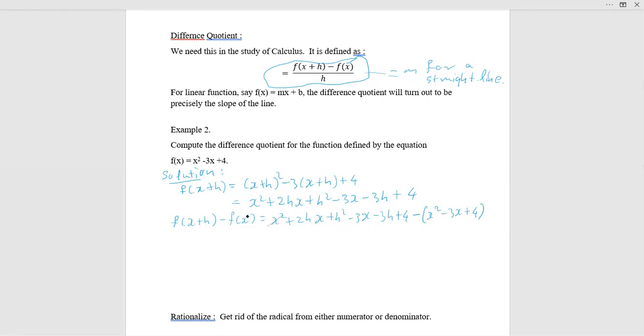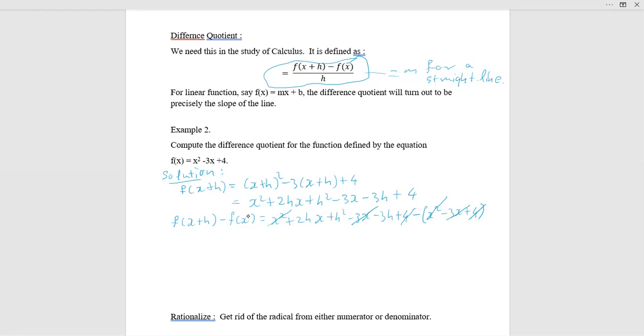Here, positive x squared cancels with negative x squared. Negative 3x cancels with negative times negative, positive 3x. Plus 4 cancels with negative times positive, negative 4. Right?